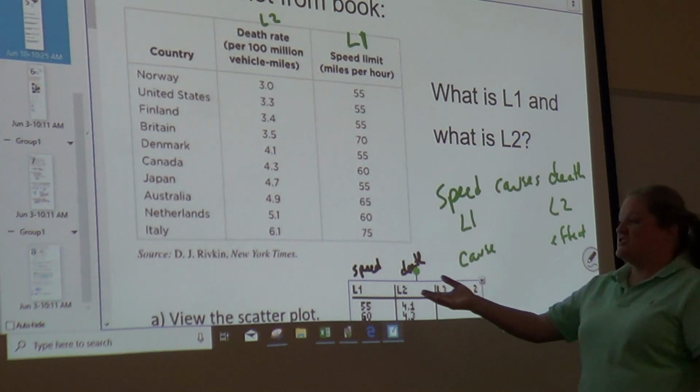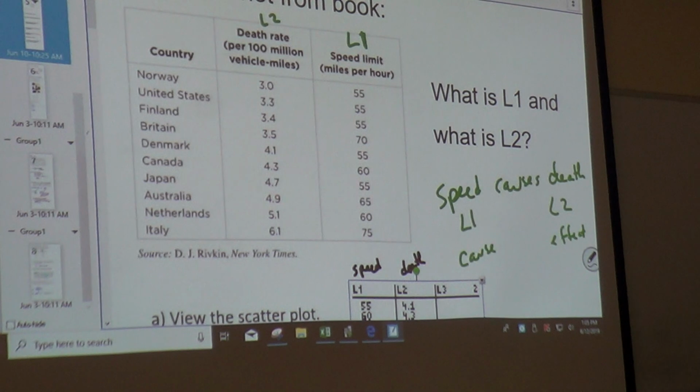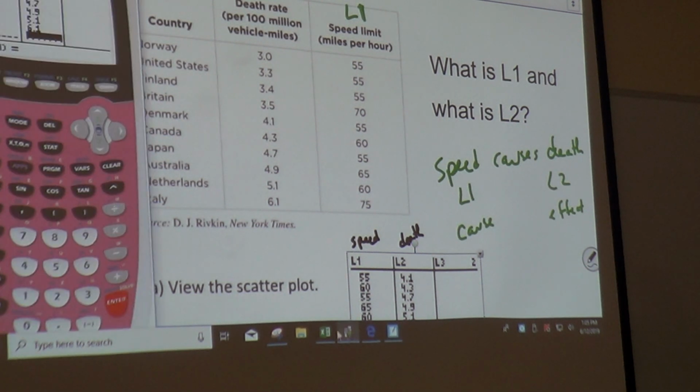Now, the first question I ask is, view a scatter plot. We have our data in there. How do you think we're going to view a scatter plot? Second y equals. Right now we have the box plot turned on. So we're going to go to enter, and our scatter plot is that very first one with a bunch of dots.